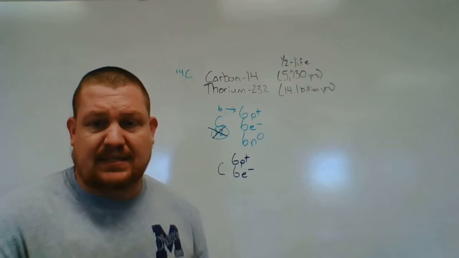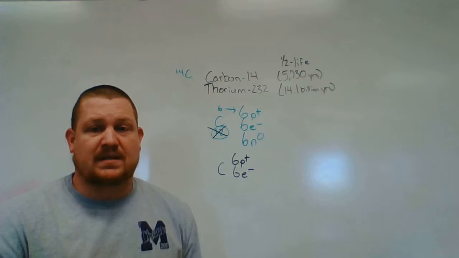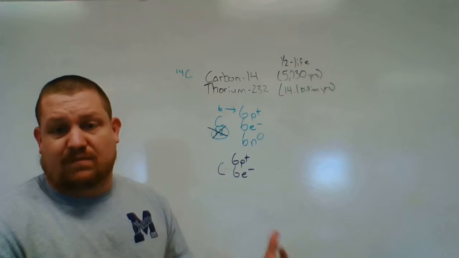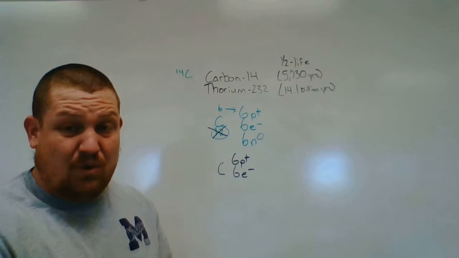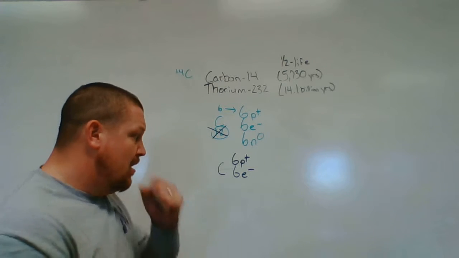Carbon will always have the base of 6 protons. If it doesn't have 6 protons, it's not carbon. It's another element entirely. As long as we're dealing with the neutral form of carbon, which we will mostly, unless you hear the word ion, there will be equal numbers of positives and negatives.